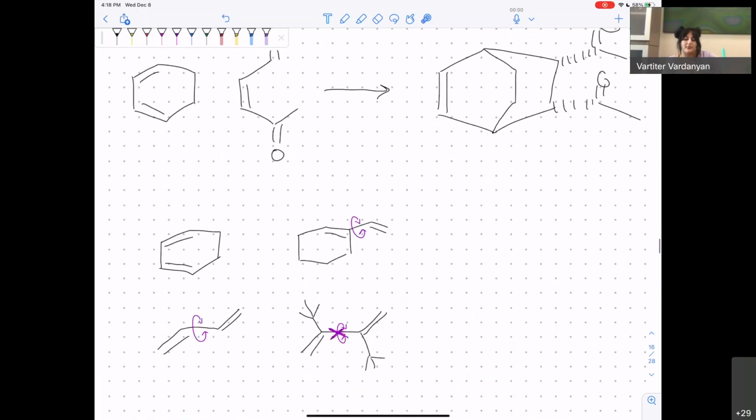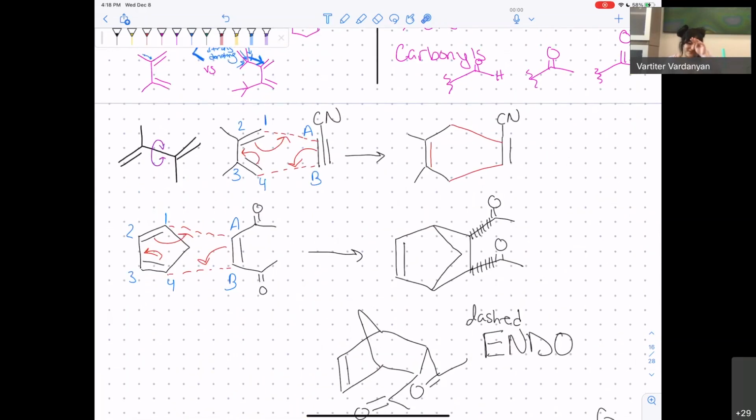So in the Diels-Alder reaction, I'm also going to send you guys a one-page summary of Diels-Alder that I made, because it's pretty helpful, and it includes everything you really need to know.